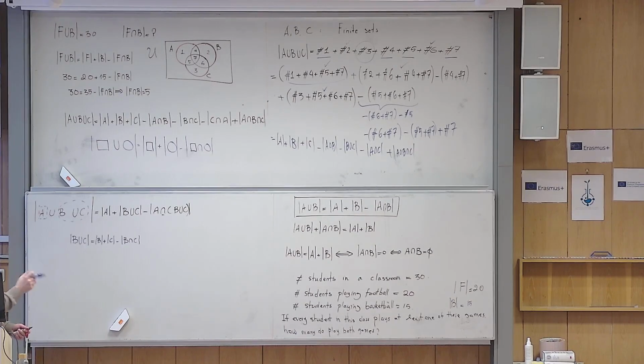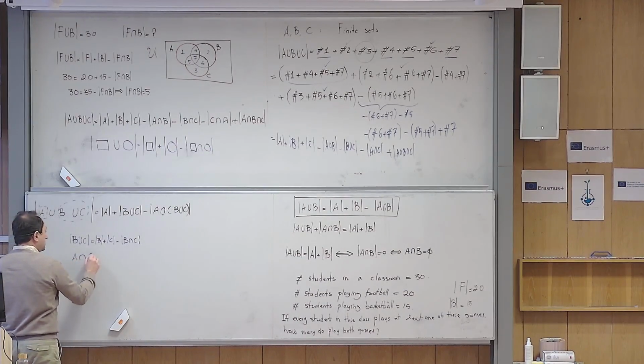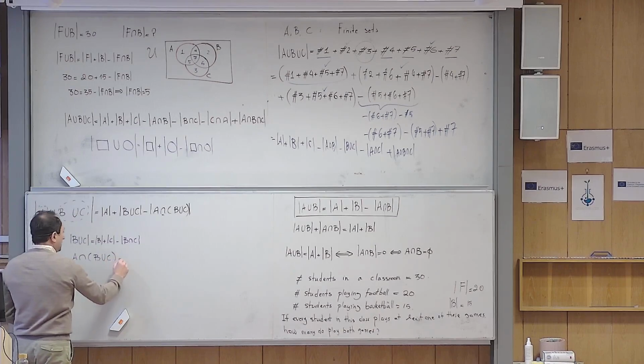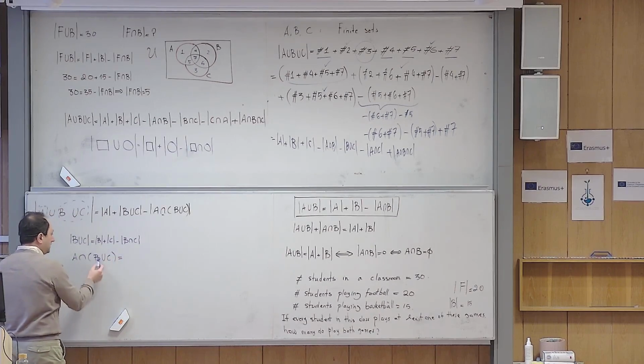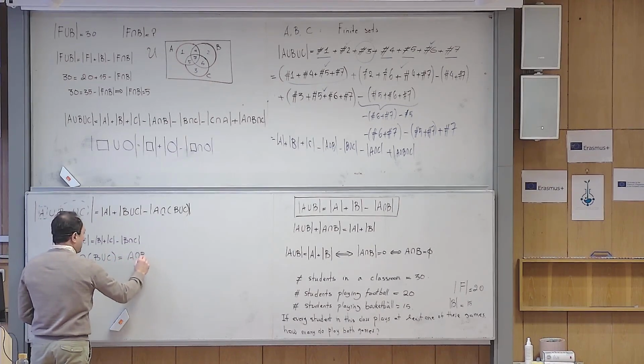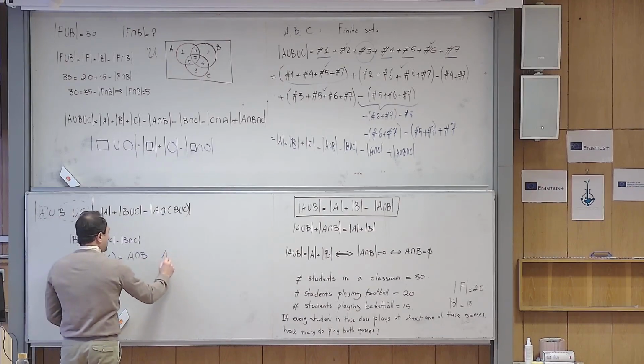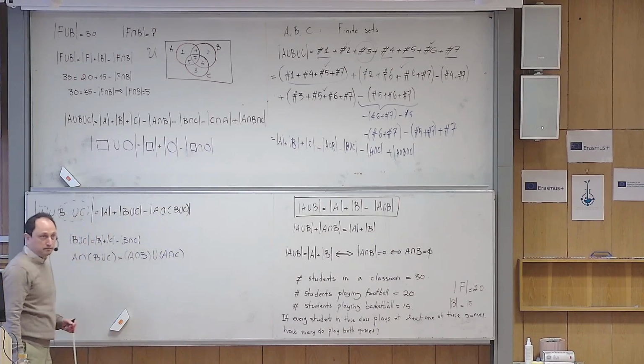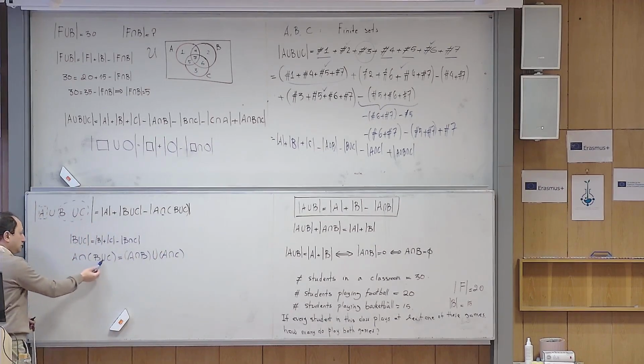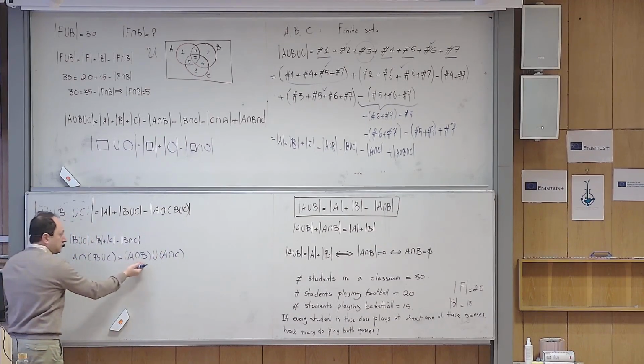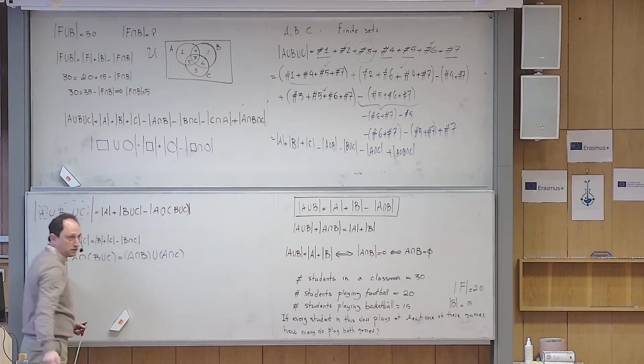Because if I can, then I can use the blue formula once more. Yes? Distribution. So you know that A intersection B union C can be written as A intersect with B, A intersect with C, and then between them a union. So even though this is an intersection, it can be written as the union of two sets.